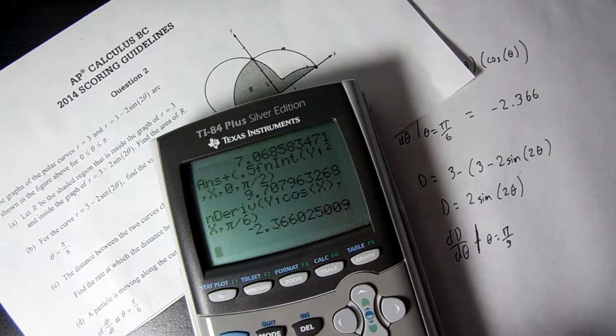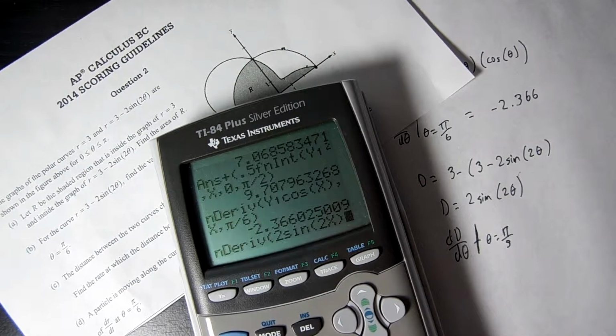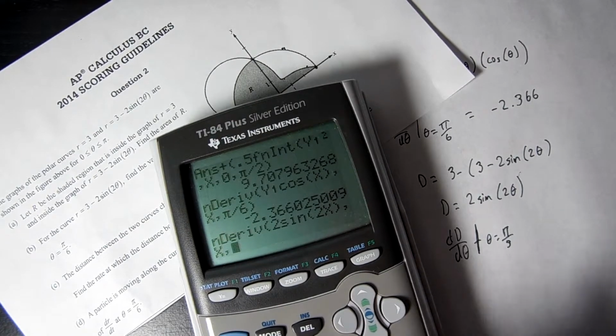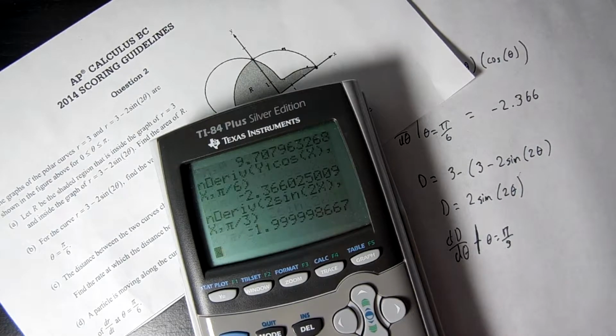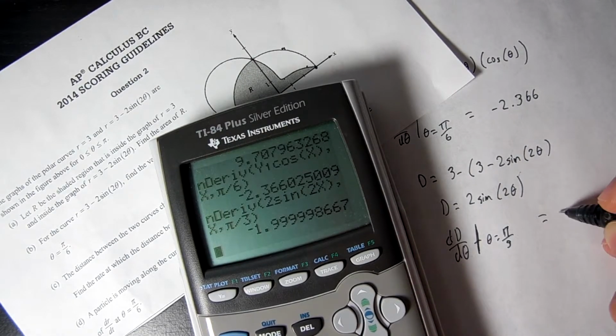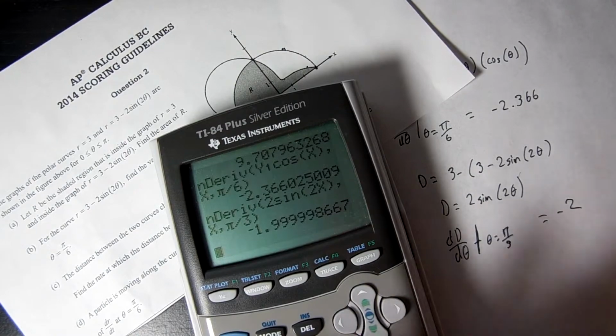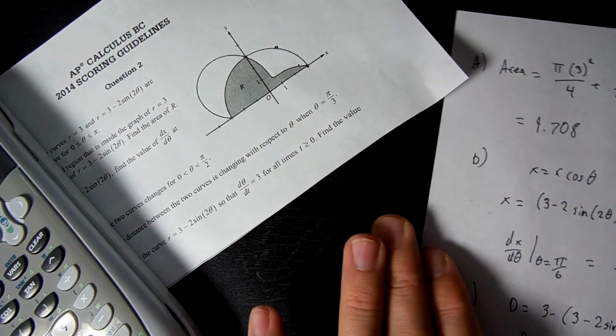And so it's the derivative of 2 sine. You can do this by hand, but it's easier to just use the calculator because you might mess up if you do it by hand. And you get an answer of negative 2. Alright, let's move on to part D.